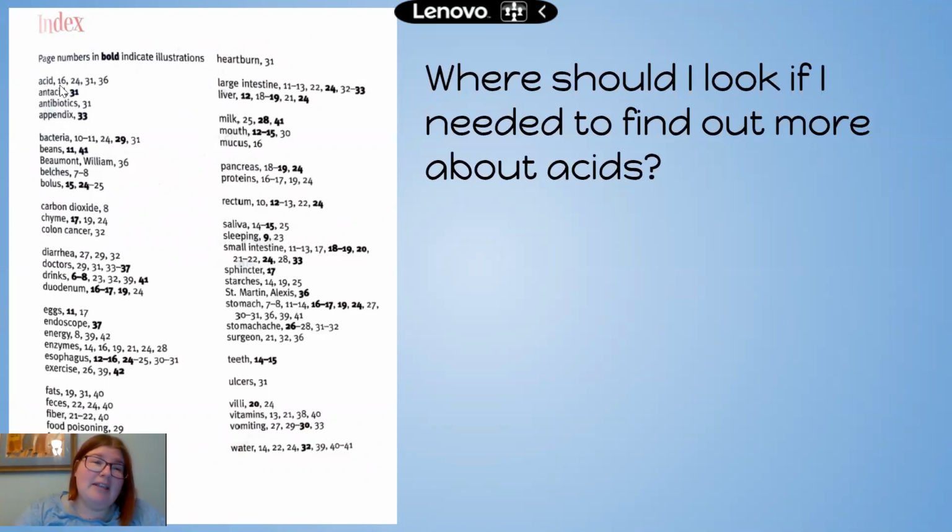So I know I can look at page 16, 24, 31, and 36. Those are all the pages that talk about acids. So if I look on page 16 and I say, well, that's not what I was looking for, I can come back to the index and I can look at page 24 and see if that's what I need.